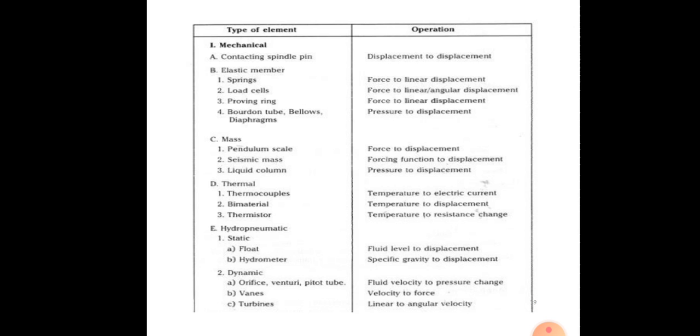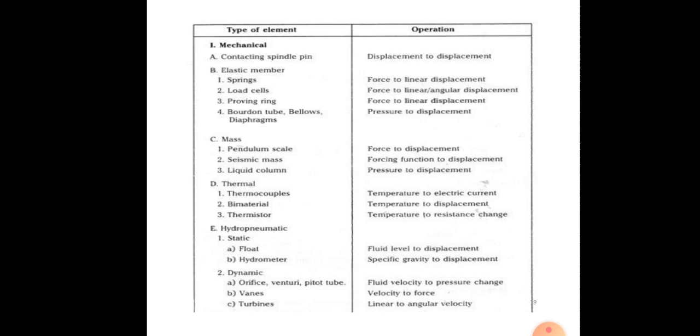Next, there are some transducers, like mechanical transducers: which are the types and which are the operations. You will study these types in detail one by one. What are these elastic members?